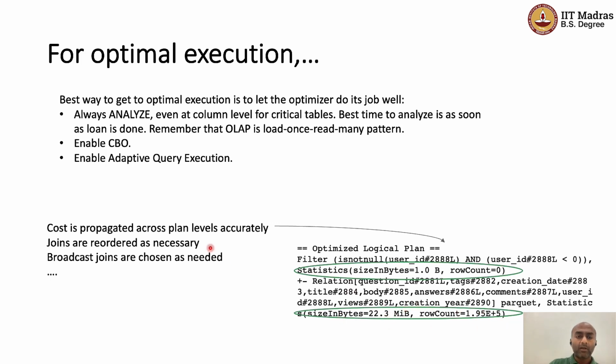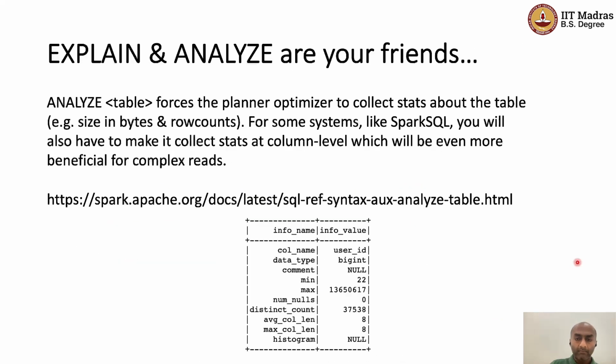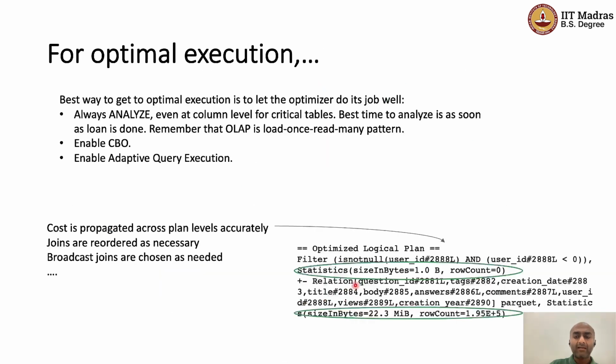But then, because the analysis has happened correctly at the column level, and there is a filter at the column level which says user ID is less than 0, we find that because the user ID minimum itself is 22, the plan can say that this filter will result in 0 rows.